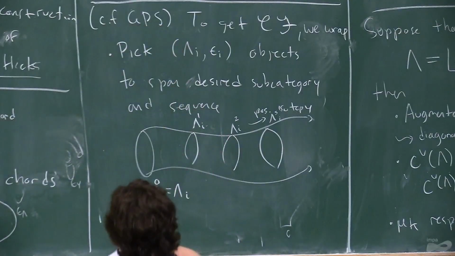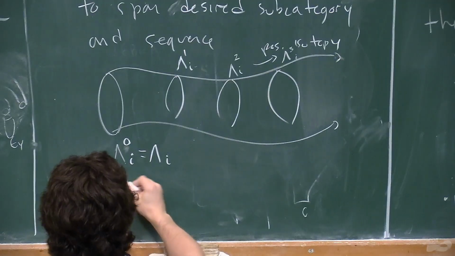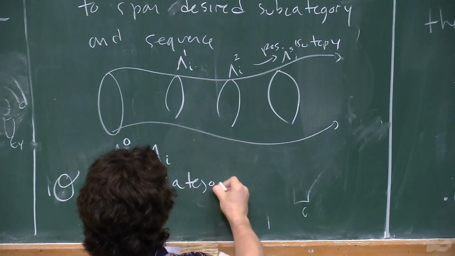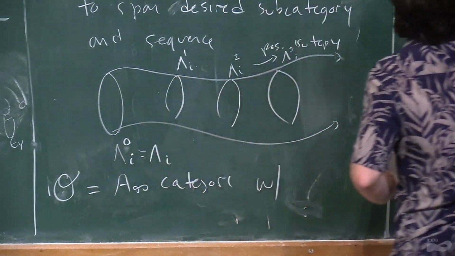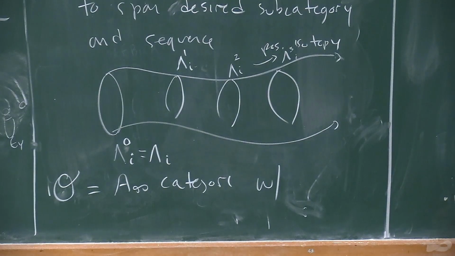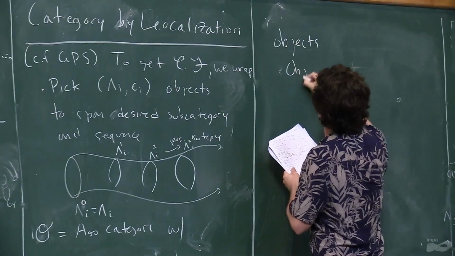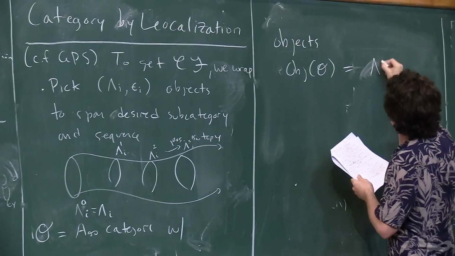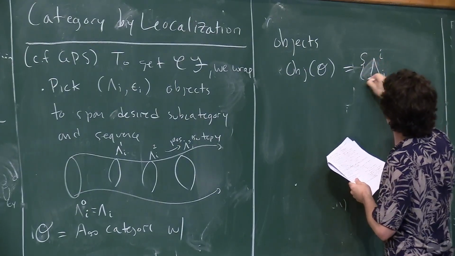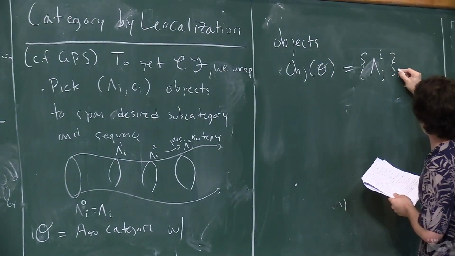And then you define this thing called category O. It's an infinity category whose objects are all the elements of the sequence, for every i and j.